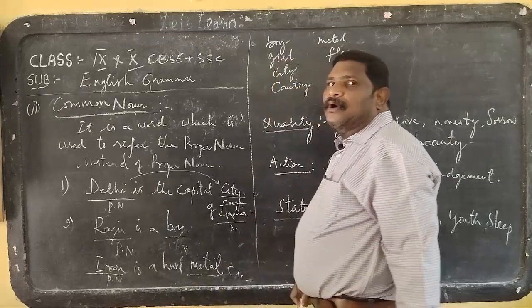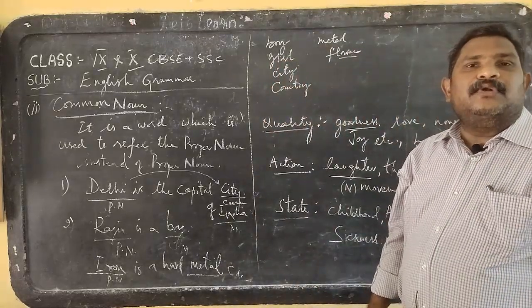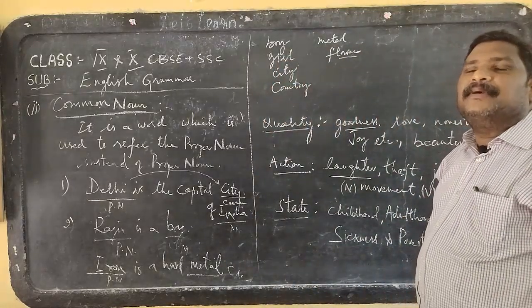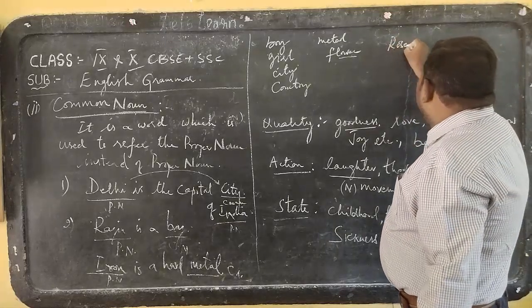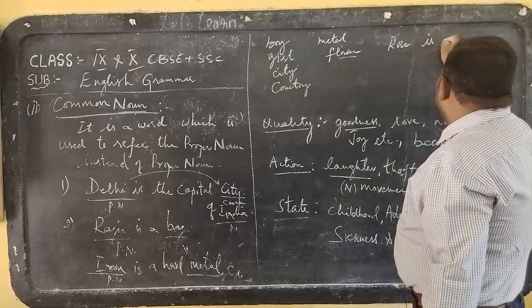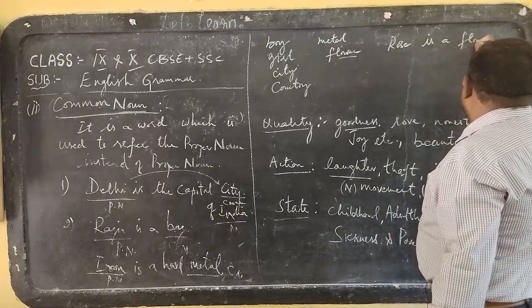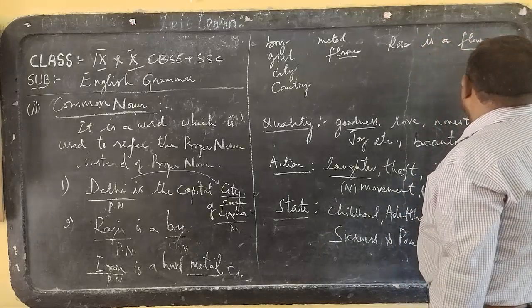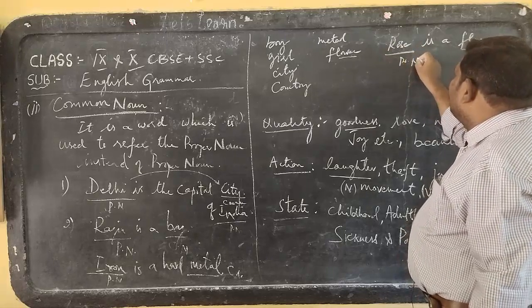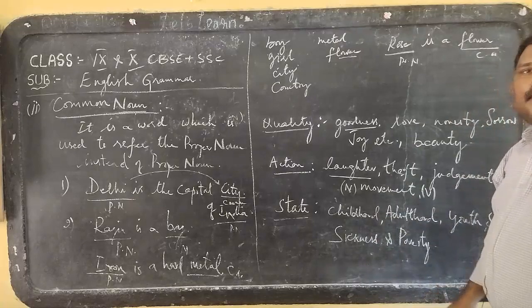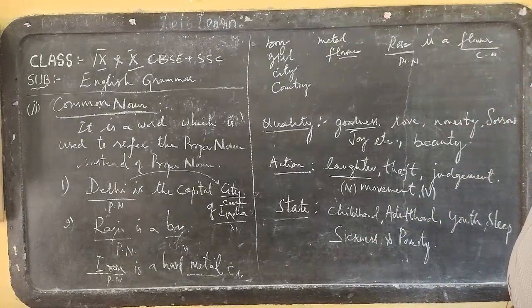Flower is a common noun. Rose is a beautiful flower. Now flower is a common noun, whereas rose is a proper noun.